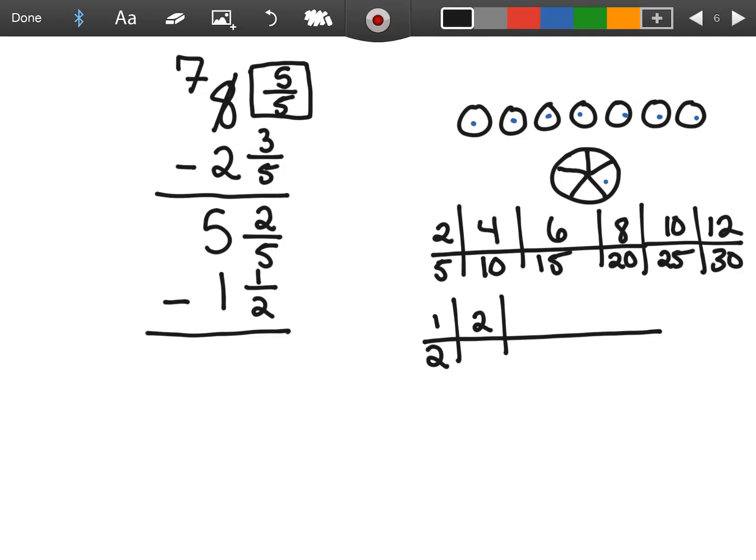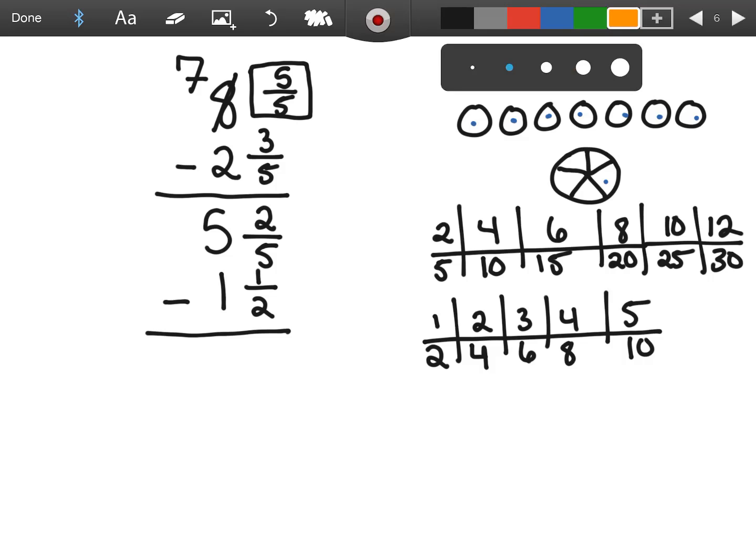On the bottom I count 1, 2, 3, 4, 5. And 2, 4, 6, 8, 10. I look at the denominators first, so that's down here, and I find the smallest number in common, and it's 10.